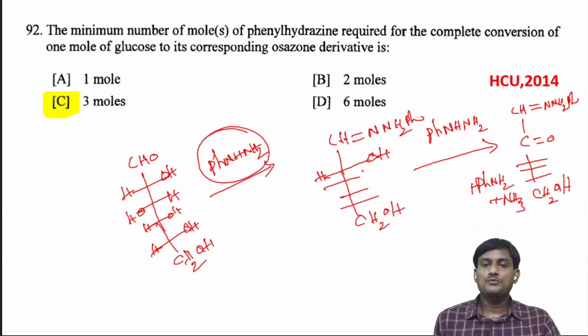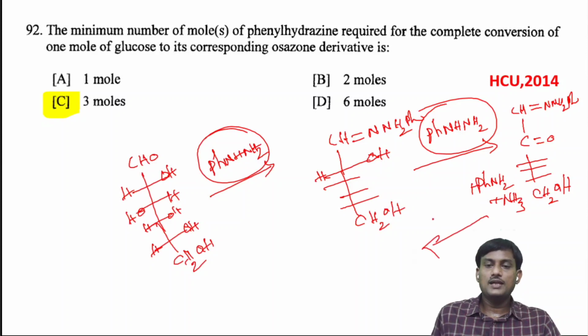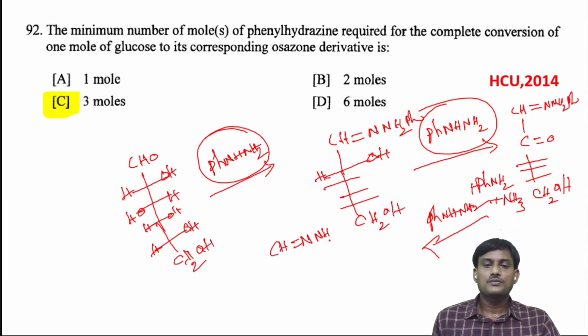First there is 1 mole of phenylhydrazine, second mole of phenylhydrazine, and when you treat with a third phenylhydrazine, PhNHNH2, there is a formation of osazone. This is the osazone which is formed. Here there is no change in configuration.